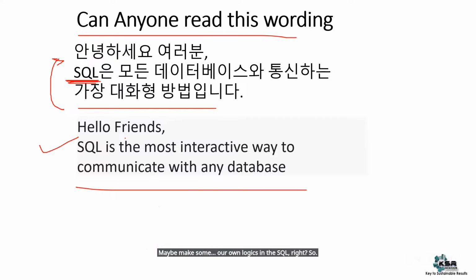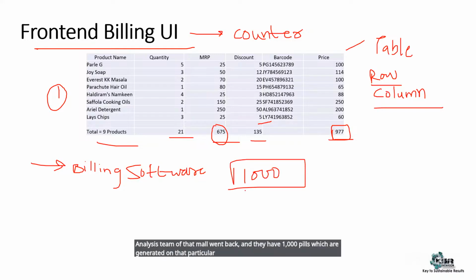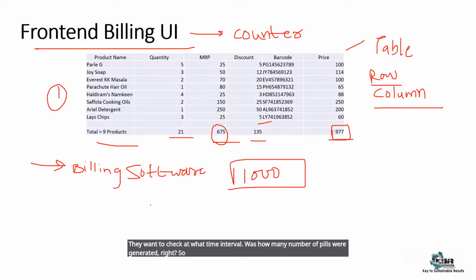So if a particular mall, the owner of that mall, or the data analysis team of that mall went back and they have 1000 bills generated on that particular day, they want to check at what time intervals how many bills were generated, right? They can easily bifurcate different time intervals.